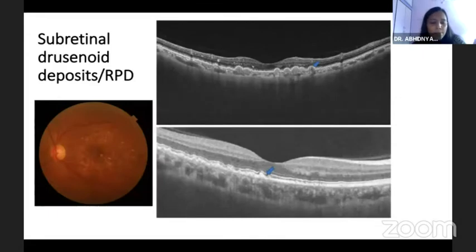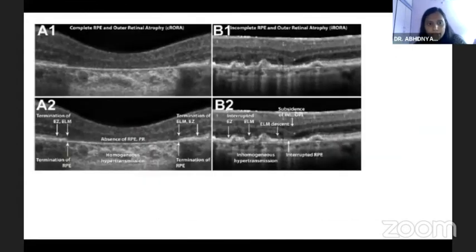Now, drusenoid deposits are very well documented on OCT, and depending upon the location, you can classify them. Subretinal drusenoid deposits are usually associated with formation of neovascularization, and they should be followed up regularly. Also, atrophy has been classified recently into various stages, depending upon the RPE and outer retinal involvement.